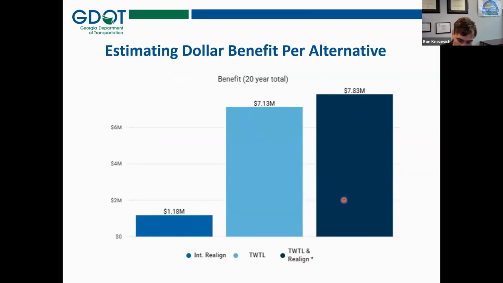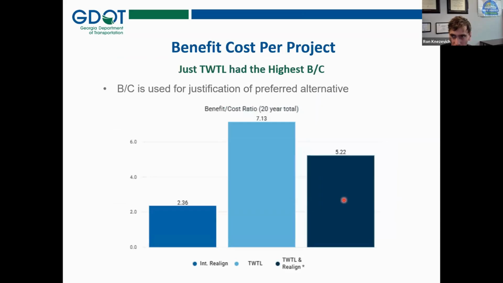But then what we use for most of our decision making is benefit cost ratio. So once you start looking at this, you see a fairly low benefit cost ratio for just the intersection realignment, and the highest benefit cost ratio for just the two-way left turn lane.